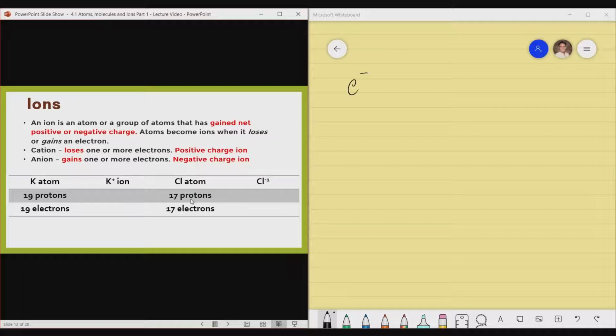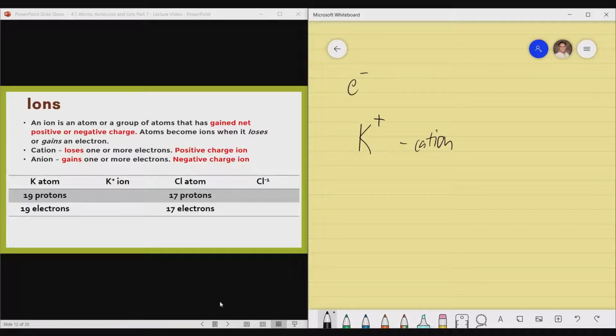Sige, let me just give you an example on how we count number of electrons. Again, ayan loses or gains electron. Tandaan electron. So, for example, we have here potassium ion, K+. So, originally, 19 ang kanyang protons. Ilan kaya ang magiging proton niya na ngayon ay naging cation siya? Cation, nawalan ng electron.